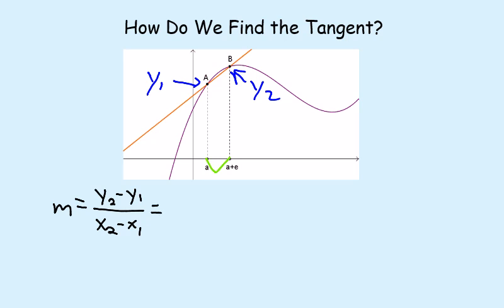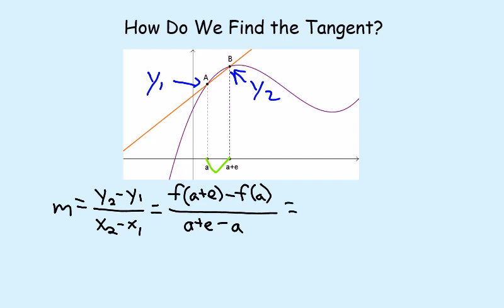So now to change this into calculus terms, I need to change my y2 into function notation. So that's going to be the function value at a plus e, and change y1 also into function notation, which would be my function value at point A. And then x2 minus x1, x2 is a plus e, and x1 is a.